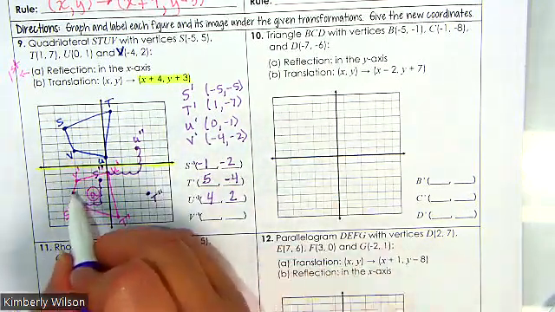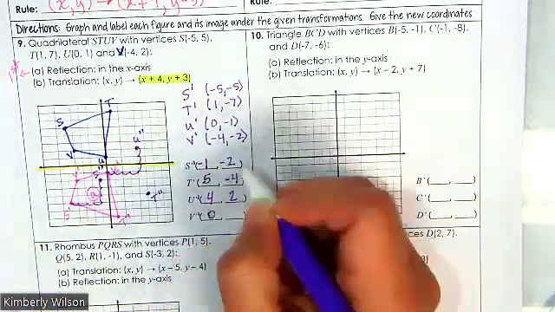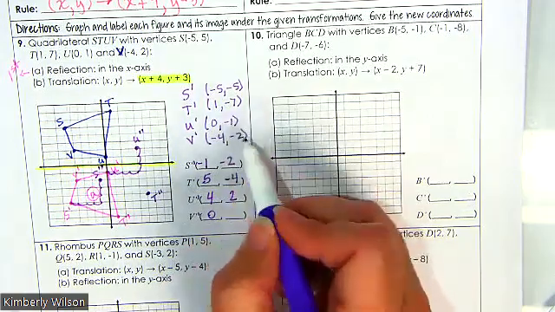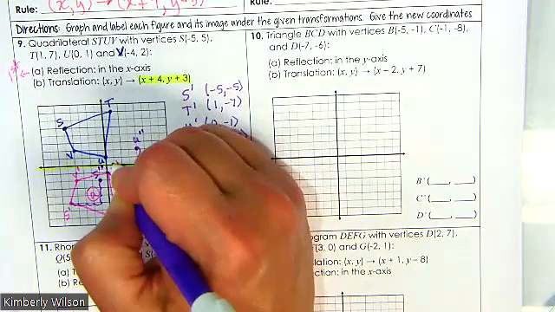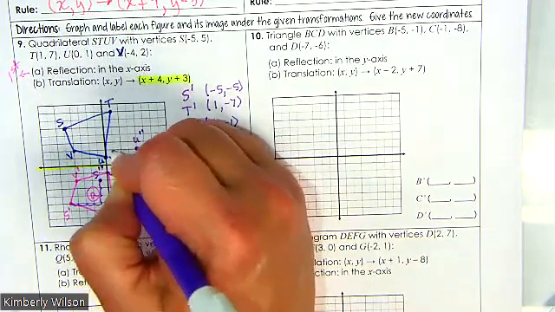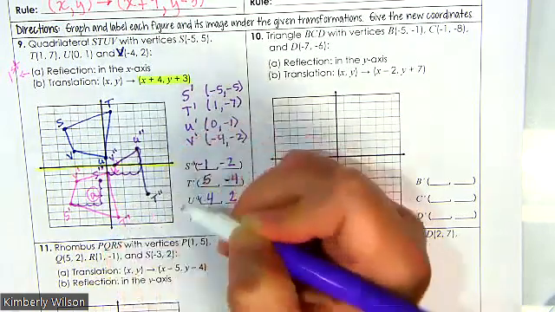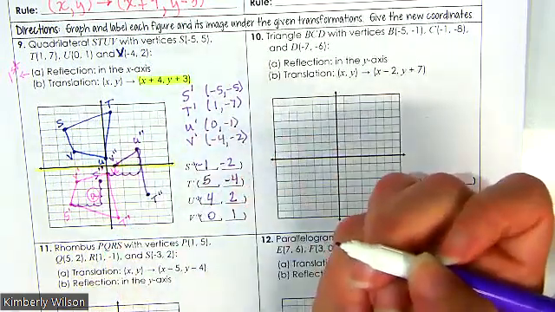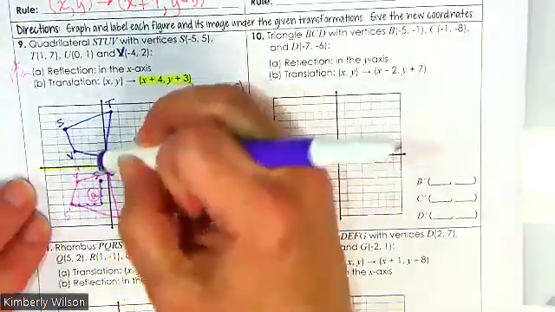And last but not least is V, which is -4 plus 4 is 0. -2 plus 3 is 1. So we have 0, 1, which is here, and that's a V double prime. So that's off. That point is not correct.